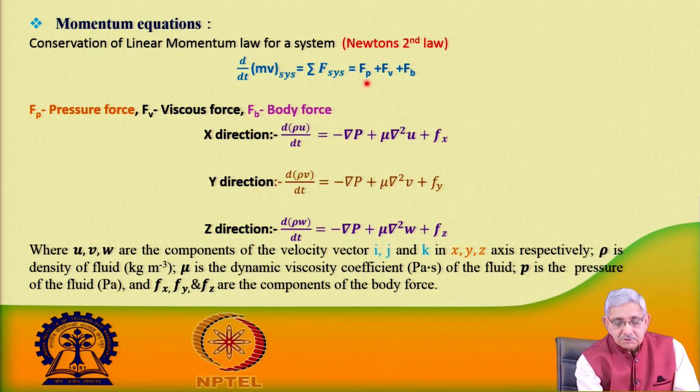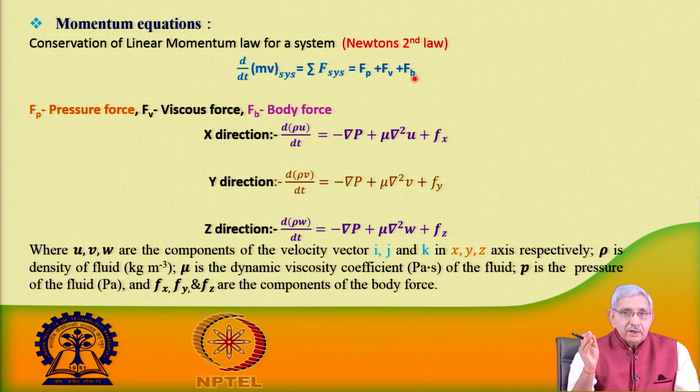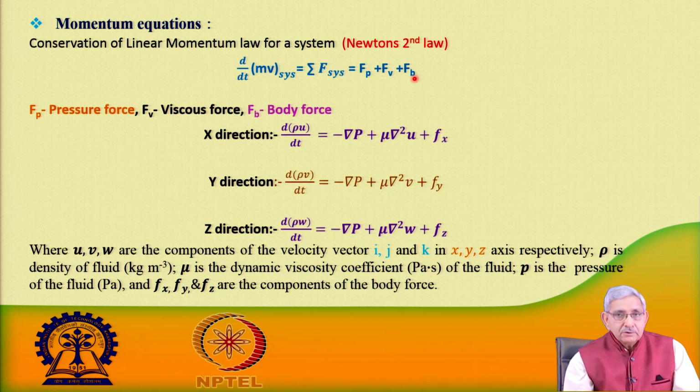What are these forces? One is the pressure force, another is the viscous force, and the third component is the body force. This can be expressed because we are considering the control volume in the x, y and z directions.